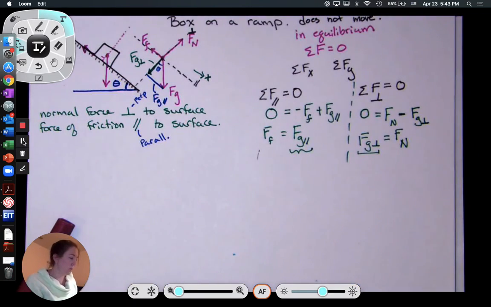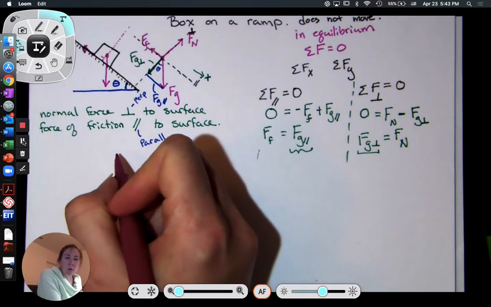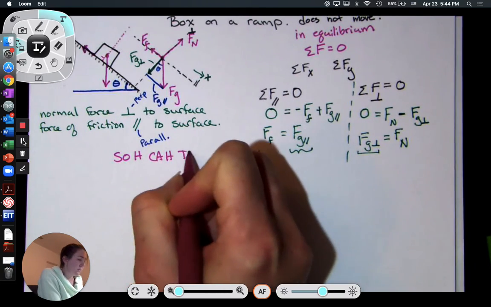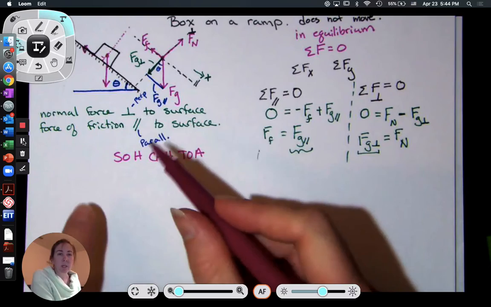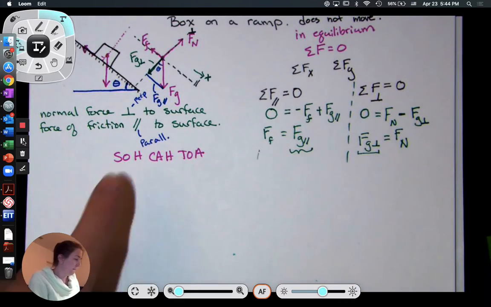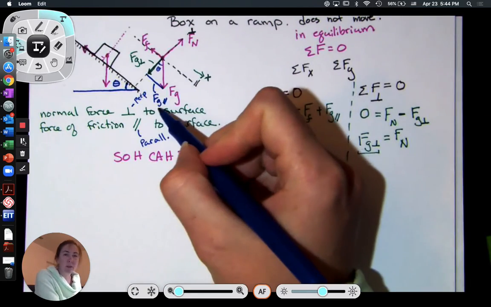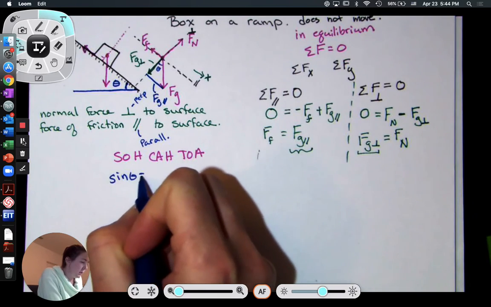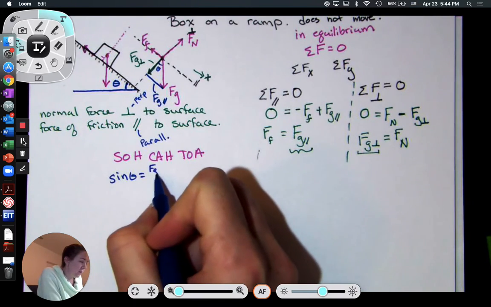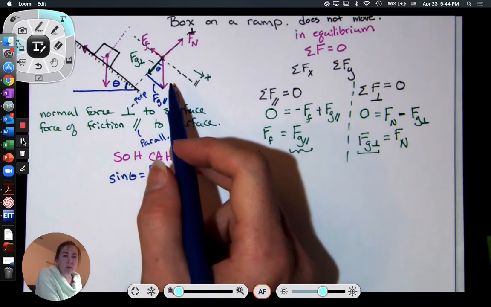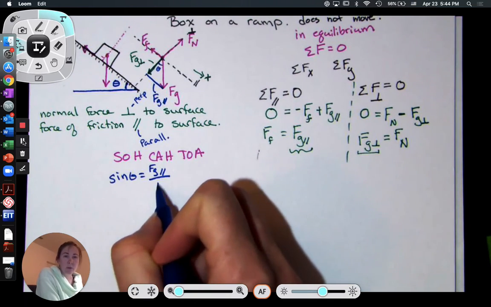Then all we have to do is find the sides of our triangle. Remember, I told you I write SOHCAHTOA on all of my papers. So the sine is the opposite over the hypotenuse. So the FG parallel is going to be my sine side. So the sine of theta is the opposite, FG parallel, over my hypotenuse, which is the force of gravity.